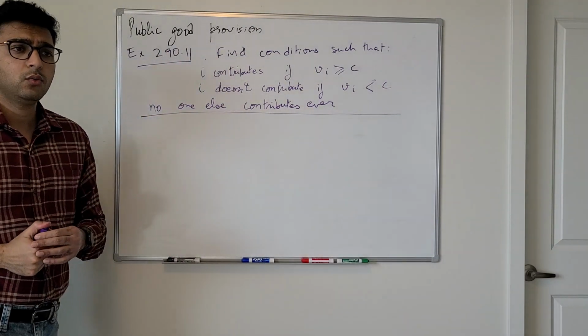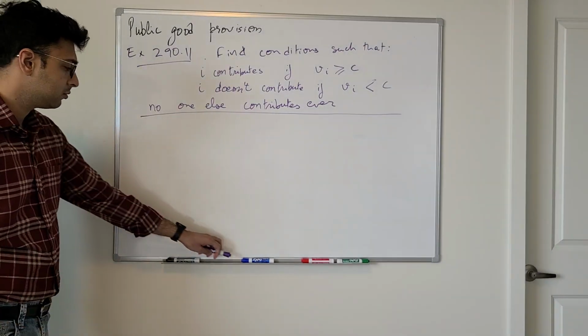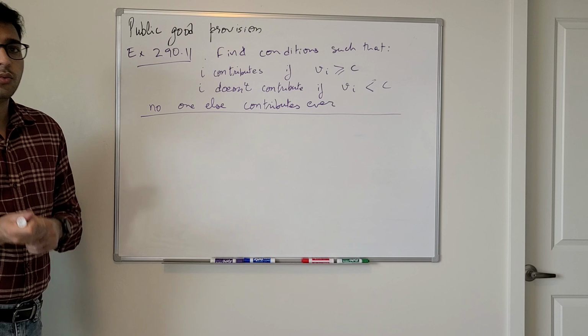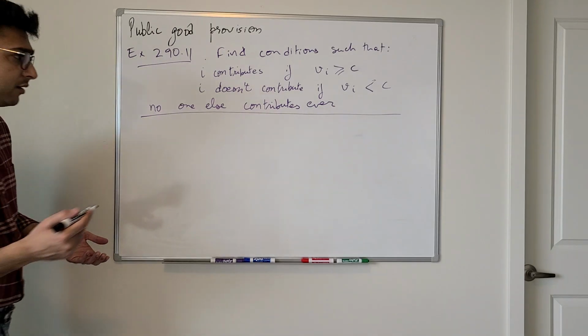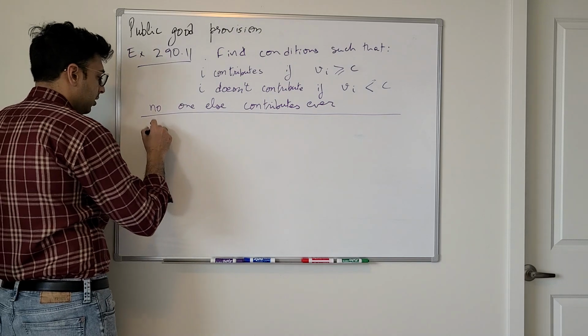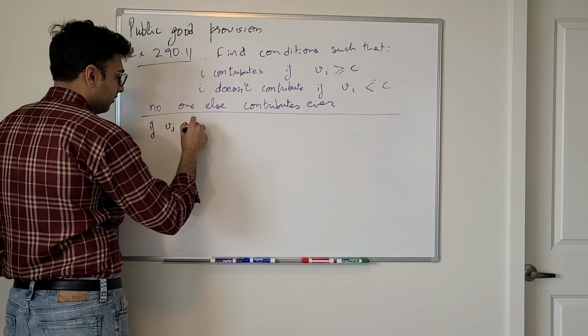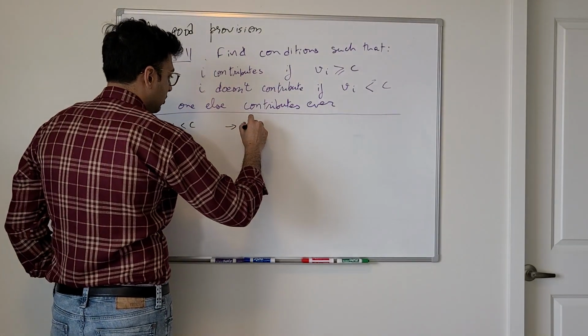Okay, so when will this hold? We know that nobody will ever contribute if their valuation is less than C. So if Vj is less than C, no contribution.